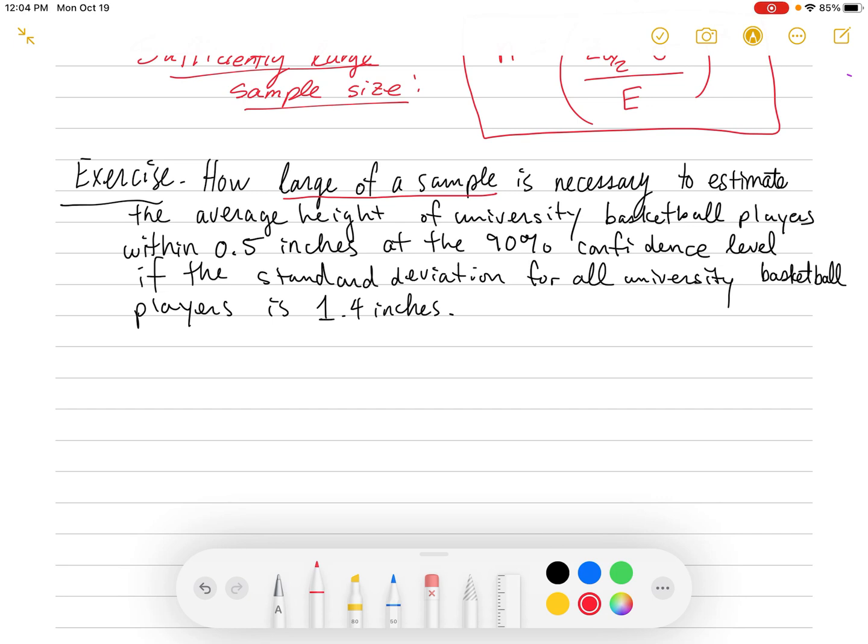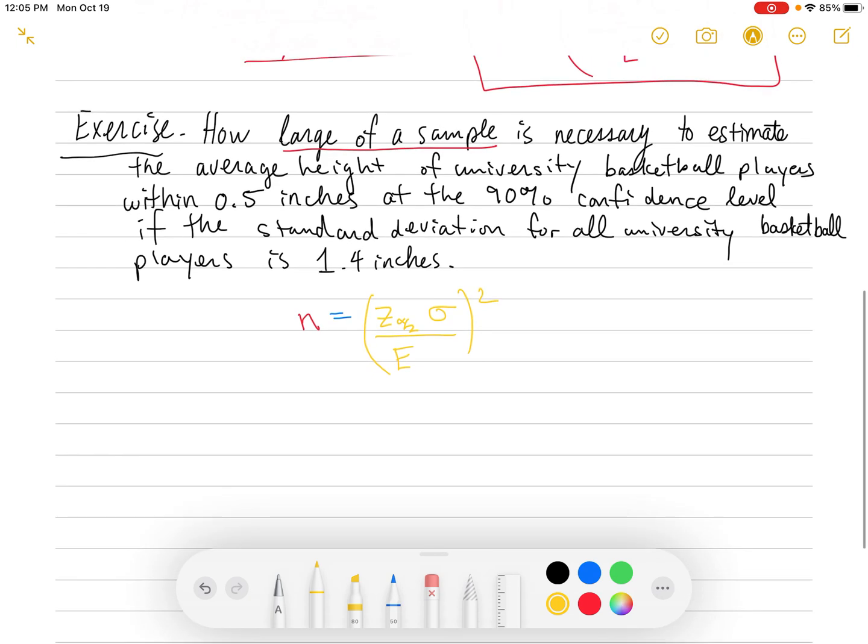So we're trying to figure out how large of a sample size we need. So that's going to be n equals z alpha over 2 times sigma divided by e, and all this is going to get squared.